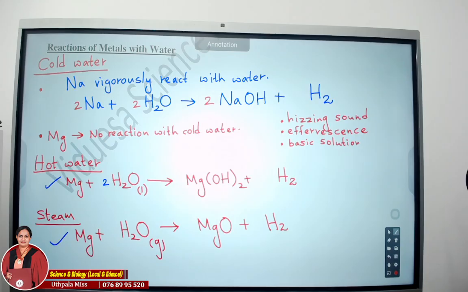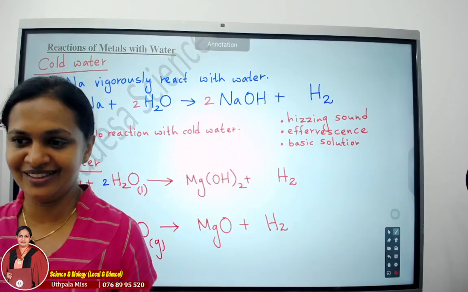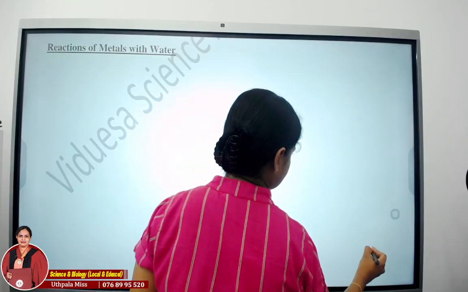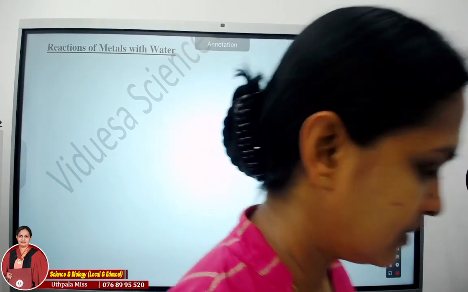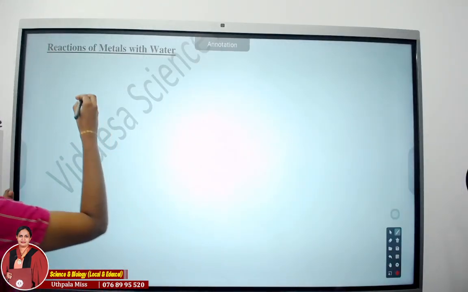Then let's see what about the other metals, aluminium and zinc. Erase this, okay? It's raining after a long time, that's good.